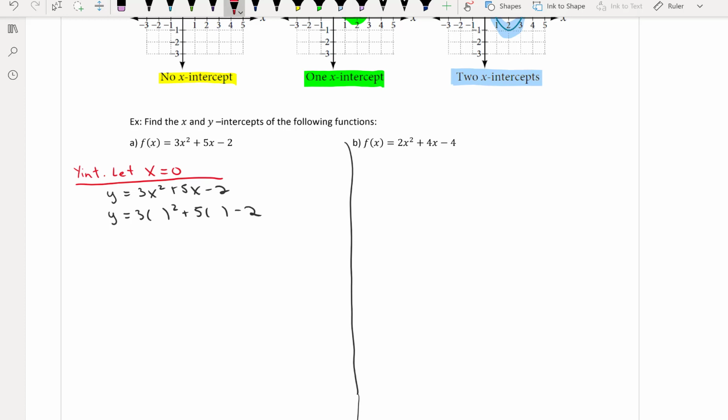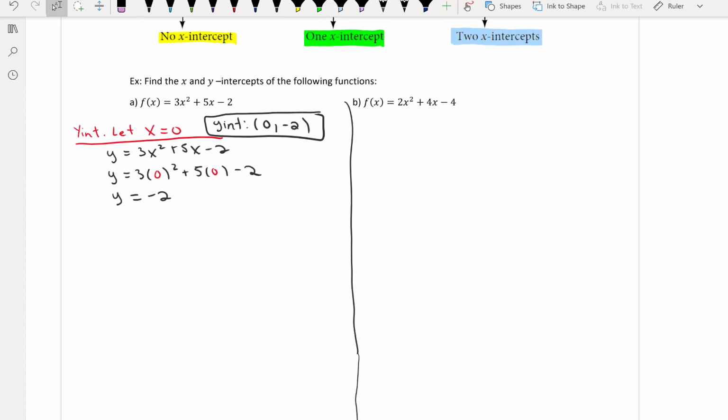So what I'm plugging in for x is 0. So I get that y is equal to a negative 2. So now I can surely say that my y-intercept is (0, -2). I had no problem with that.